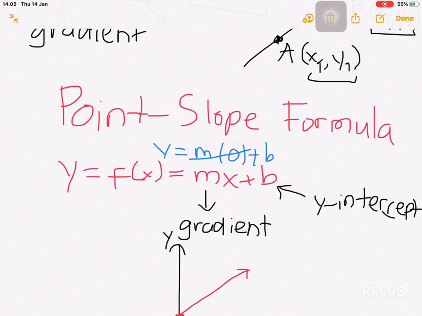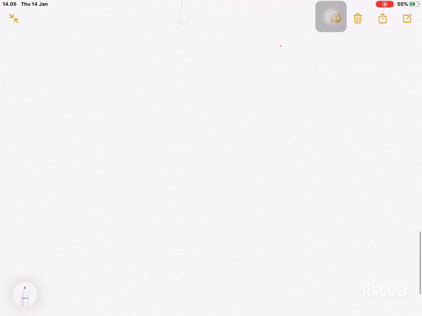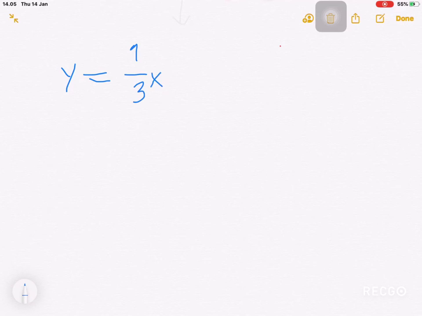Let's try an example of a function. We have our function like so, and we want to find the gradient and the y-intercept of this function, and possibly the x-intercept, even though I didn't include that, but I'll show you the way anyways.